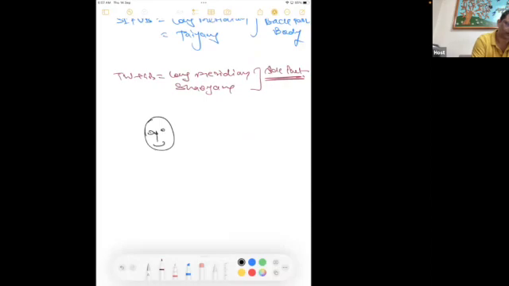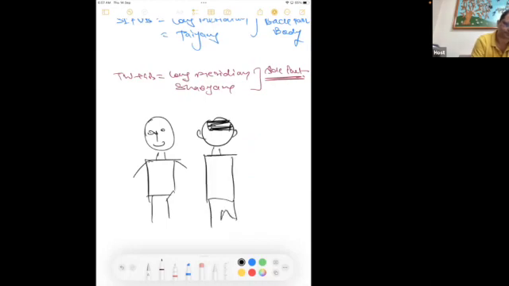So this is the front body. This is the back side of the body. Then this is the side of the body.